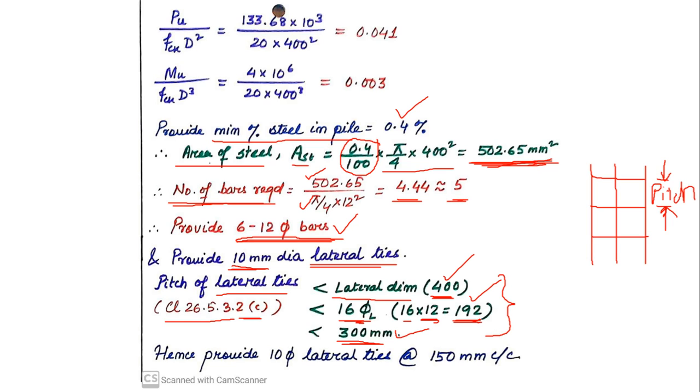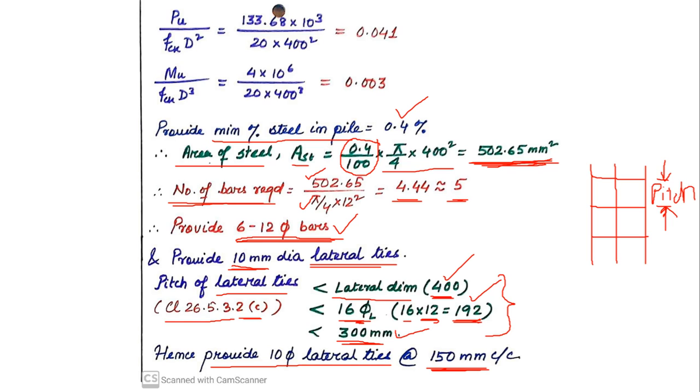Considering all the three cases, I have decided to provide a pitch of 150 mm center to center. So I finally write: provide 10 mm dia lateral ties at the rate of 150 mm center to center. So this is the design of your pile.